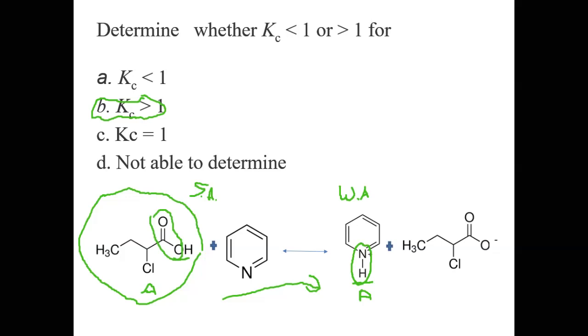Look at which one has more resonance. That's going to be the stronger acid. And in the next lecture, we'll actually be talking more about these rules. But the main thing I want you to grasp here is that you look at the element attached to the acidic proton. Since they're both on the same period, you see which one is more electronegative. That's the one that's going to make the stronger acid.